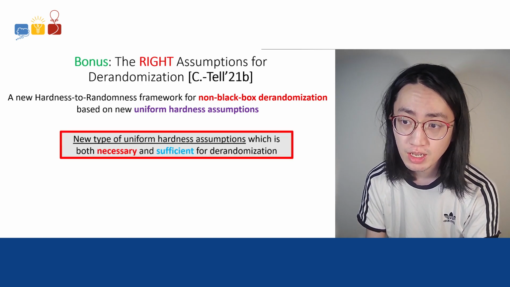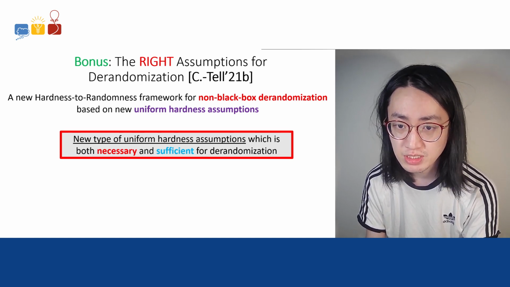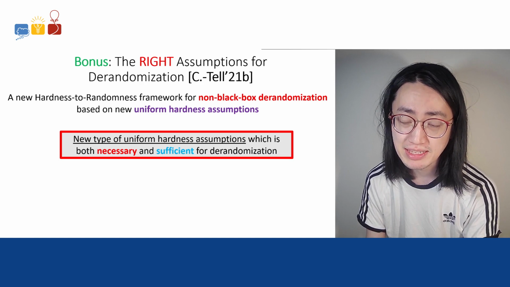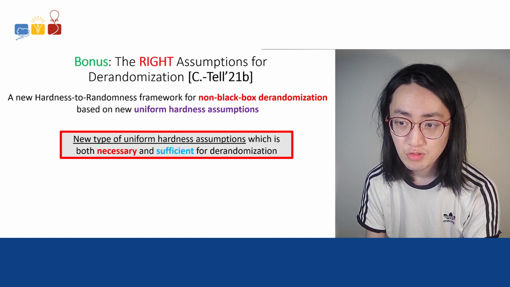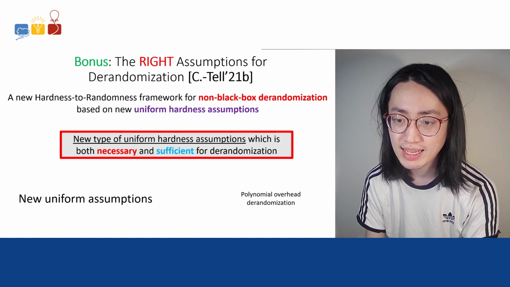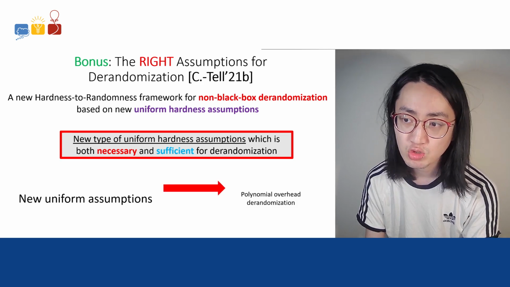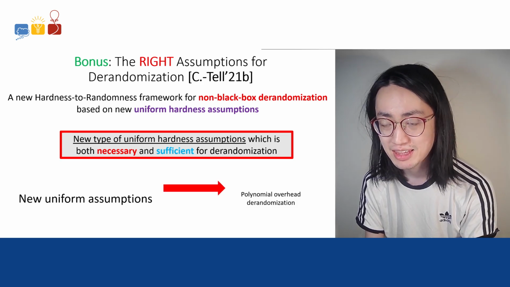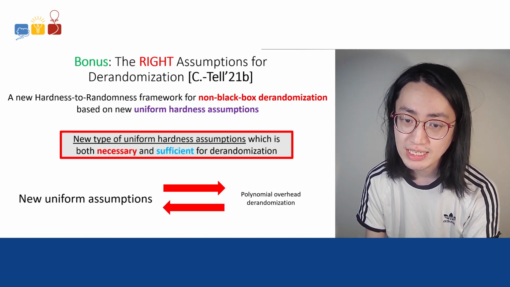In this work, we show a new type of uniform hardness assumption, which is both necessary and sufficient for derandomization. That is, for these new uniform assumptions, we have two-way implications: from this assumption to polynomial overhead derandomization, and from polynomial overhead derandomization to this new assumption.